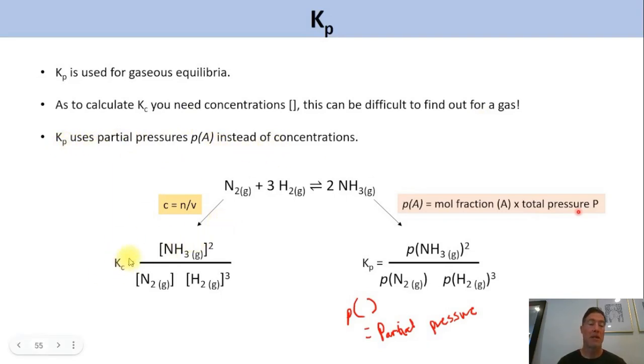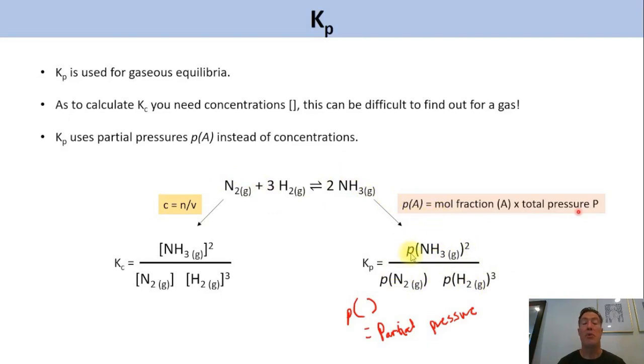So here we would write this in terms of concentration, right? The concentration of our products raised to its coefficient over the concentration of our reactants raised to their coefficients. Or we can write these in terms of partial pressure. And it's the partial pressure of this raised to its coefficient over the partial pressure of these two reactants raised to their respective coefficients.